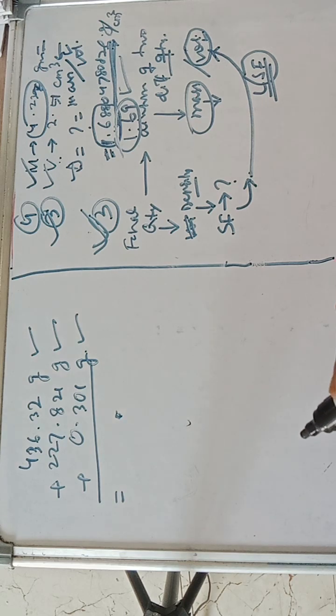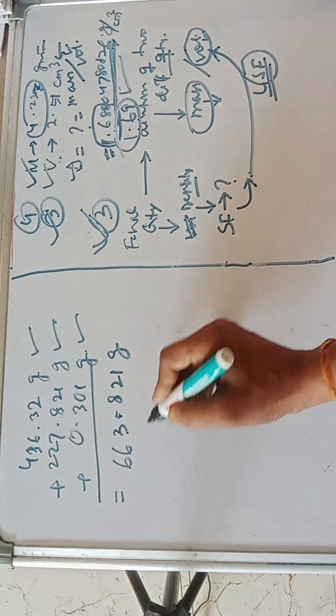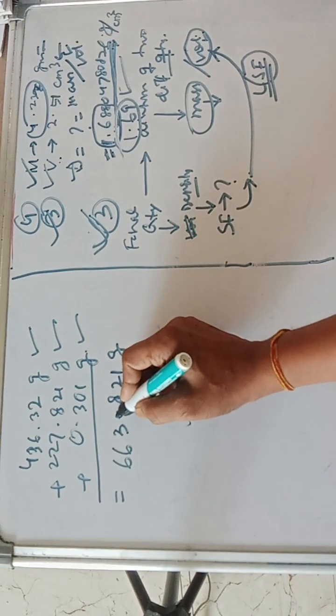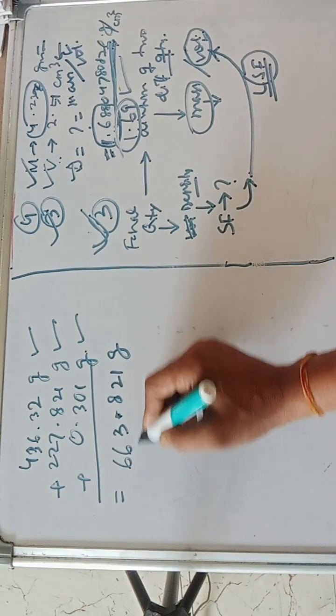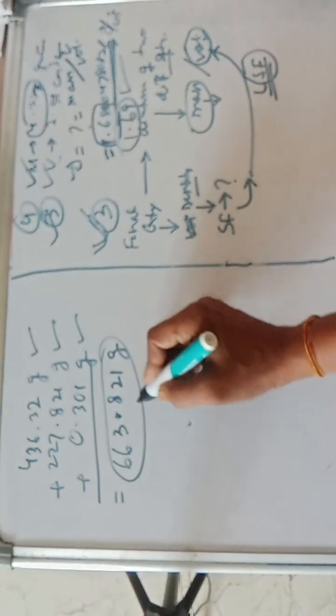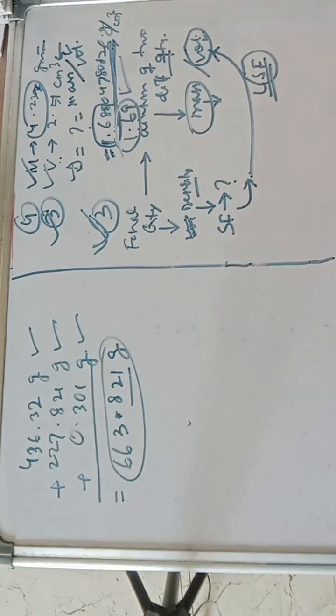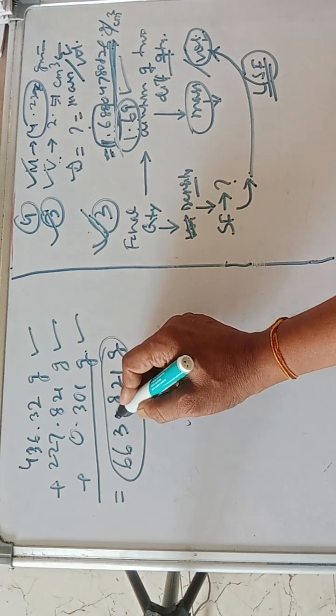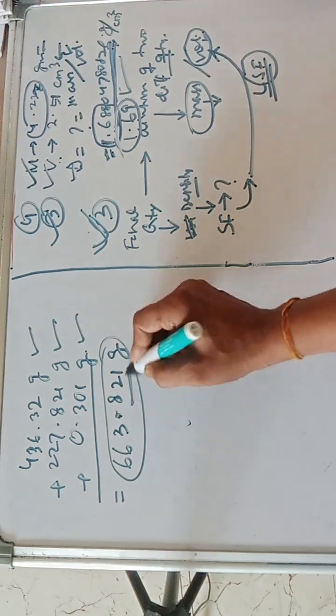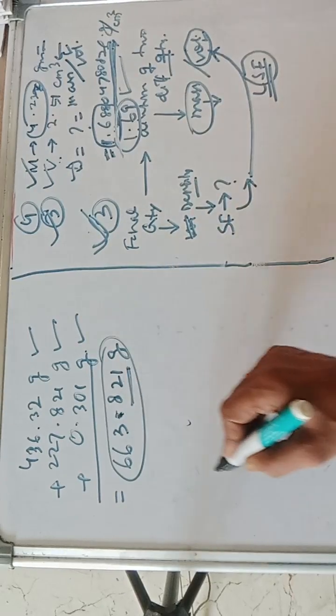For that, in this case, the result after just normal arithmetic addition will have 3 digits after the decimal point.